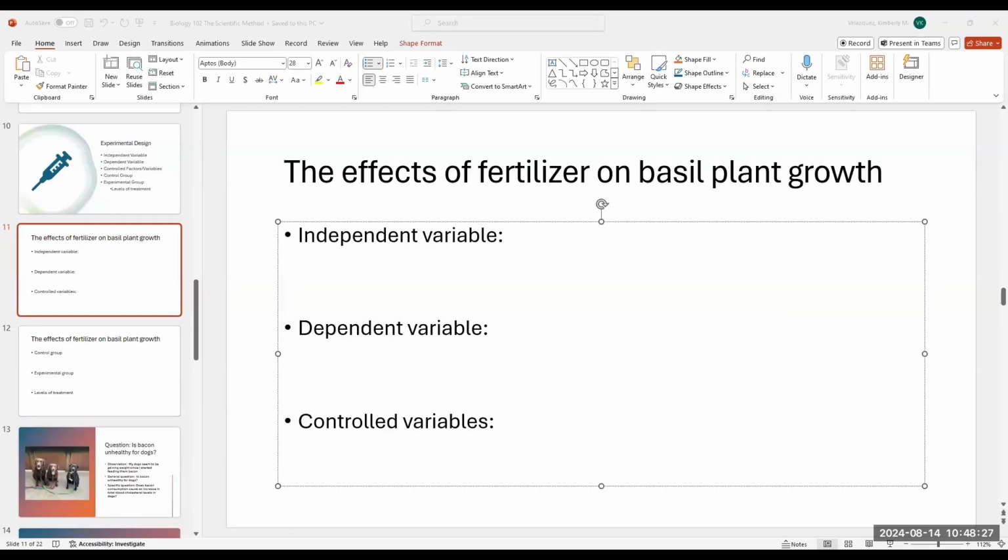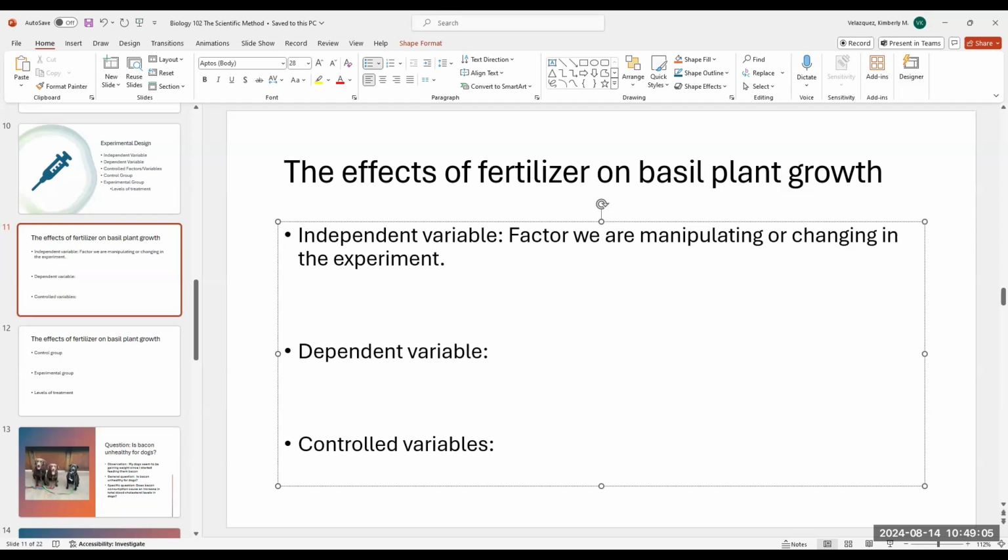So let's talk about what these terms mean by looking at a hypothesis that we previously mentioned when we were defining hypothesis. So the effects of fertilizer on basal plant growth. This is what we're studying. And in every experiment, there is what's called the independent variable. And this is the factor we are manipulating or changing in the experiment.